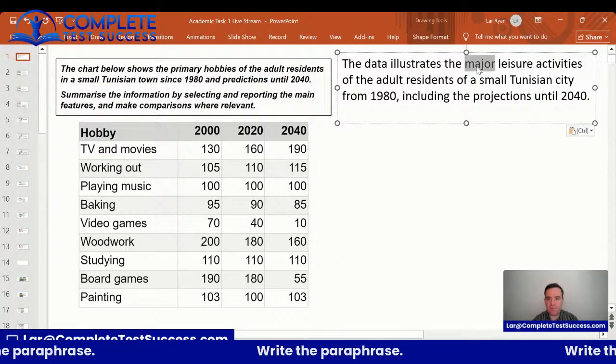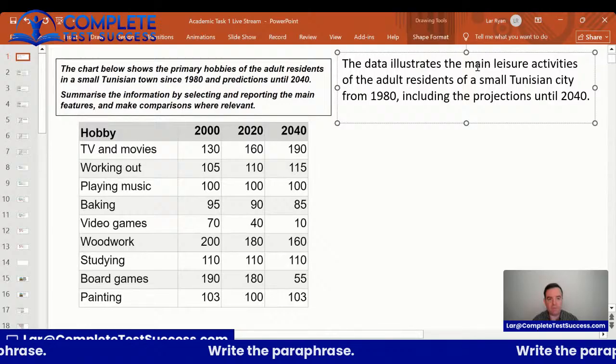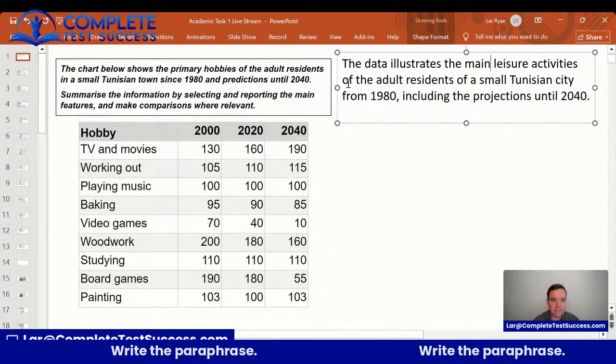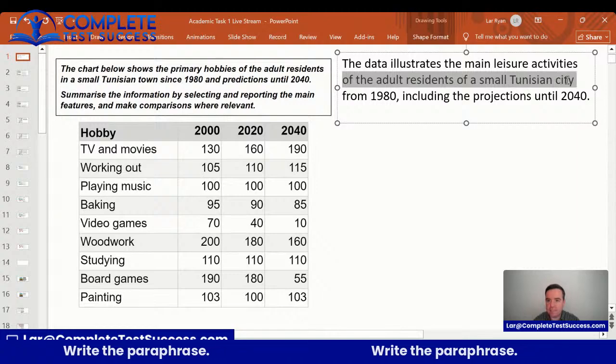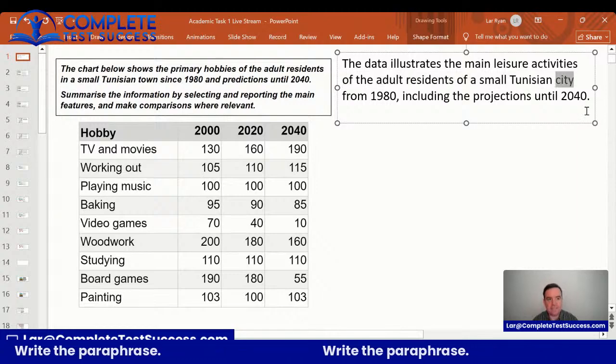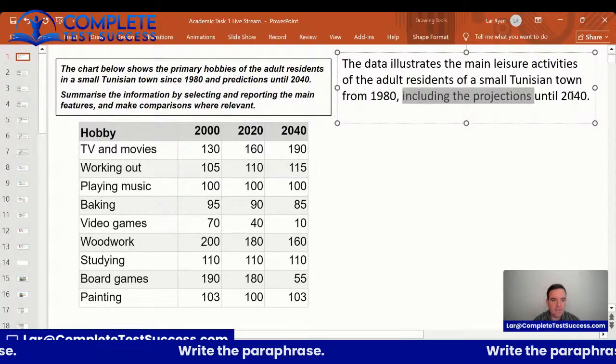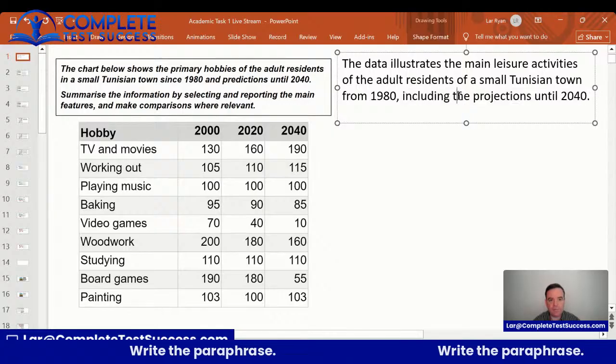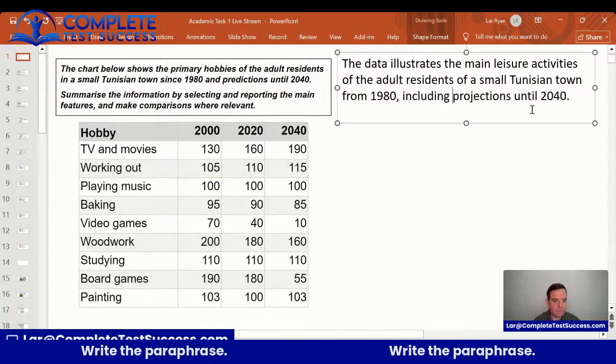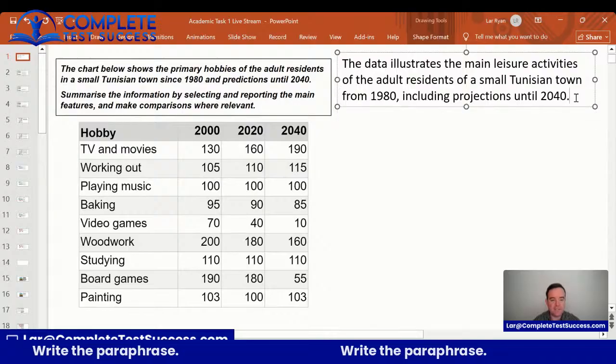Major means big, whereas primary just means the main ones, or the ones that they would do most often. Of the adult residents of a small Tunisian town. A town and a city isn't the same, so we'll just copy the word town from the question. Good. Including projections, not their projections, but just projections, because it wouldn't necessarily be the only set of projections.